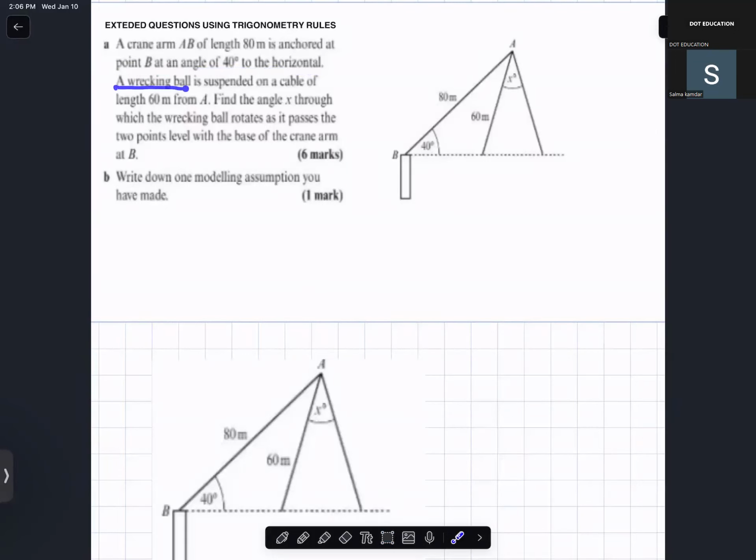A wrecking ball is suspended on a cable of length 60 meters from A. Find the angle X to which the wrecking ball rotates as it passes the point level with the base of the crane arm at B. So we are going to be looking for the angle marked X from here.